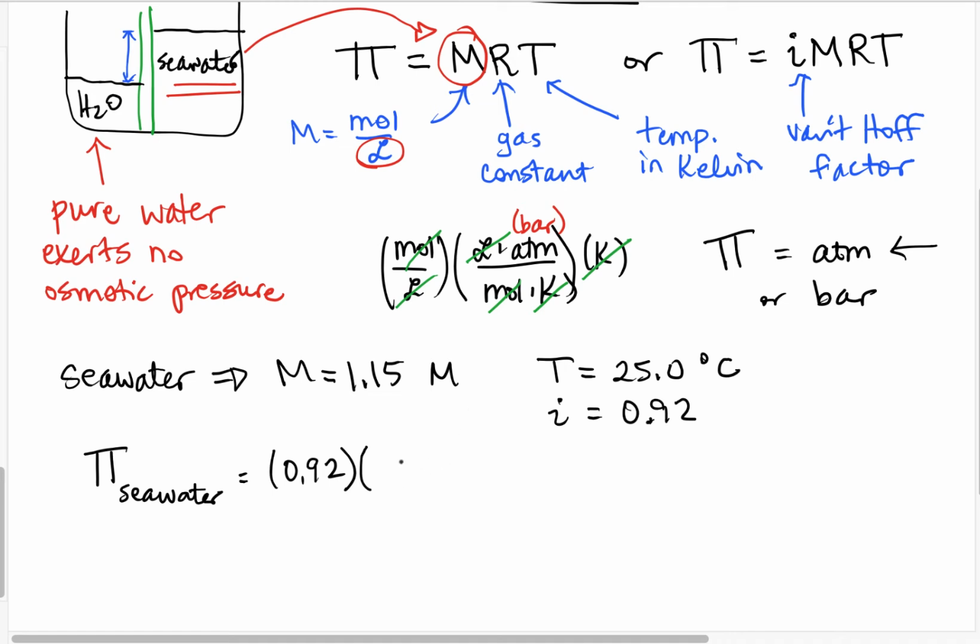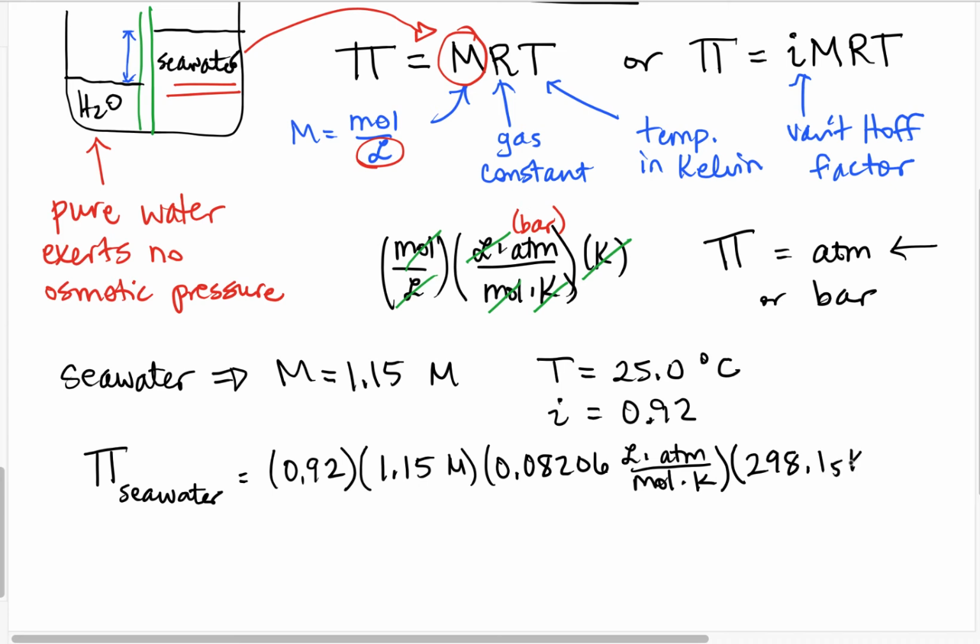And then we have the molarity, 1.15, the gas constant, 0.08206 liters atmosphere per mole Kelvin, and 298 Kelvin is our temperature. So our pressure, once we do all this calculation, is going to end up being 25.9 atmospheres. That's pretty high. That's a pretty large pressure.